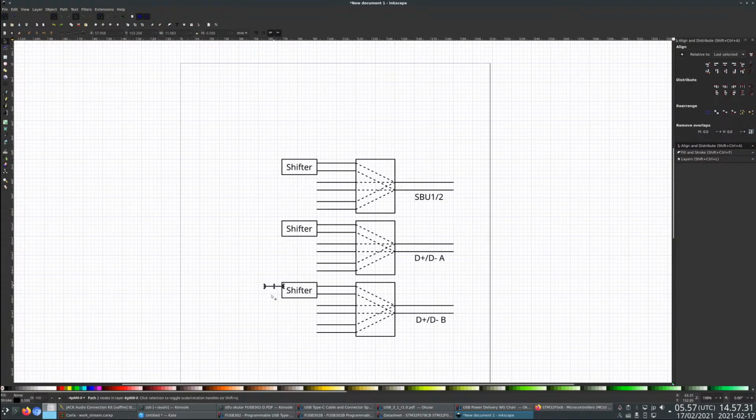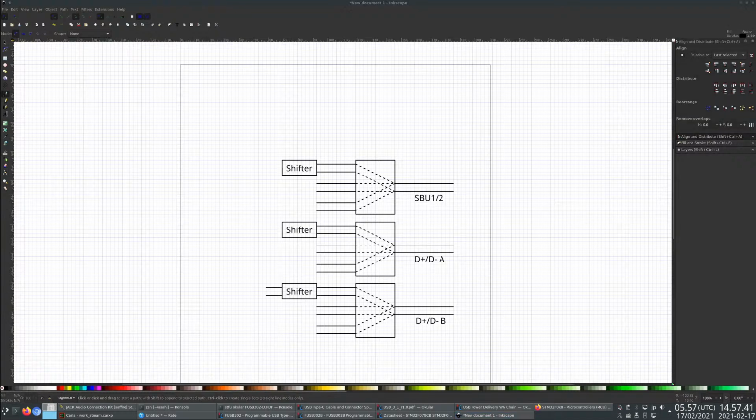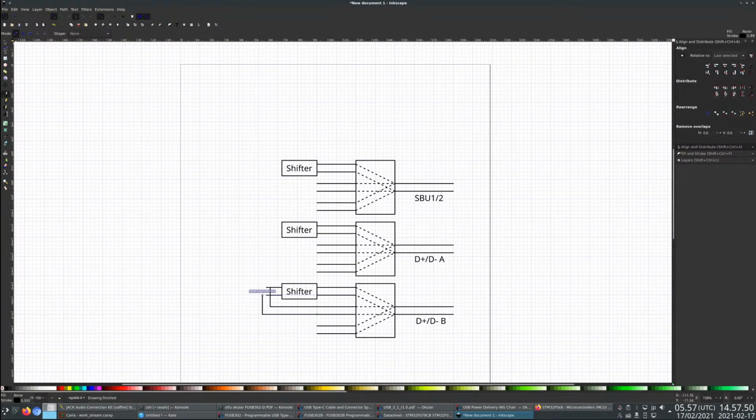Actually, yeah. Can I get it to remember the... yeah, just do it like this. So we have 3 shifters, and then these lines are going to just be merged onto that.